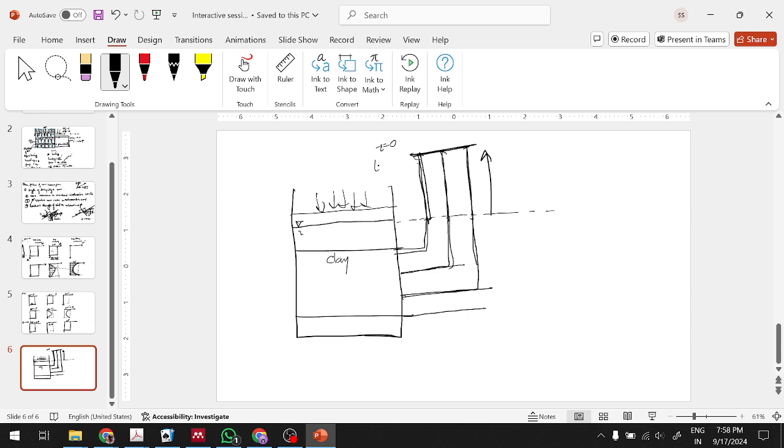At t greater than 0, this piezometer and this piezometer will not show any excess pore water pressure. See, this is the excess pore water pressure. This is the normal pore water pressure up till here. This is the U. This is the excess, delta U e, and this will be equal to delta sigma at t equal to 0.